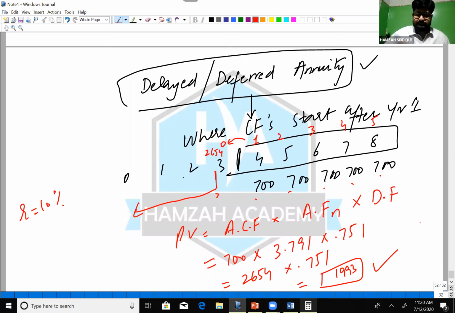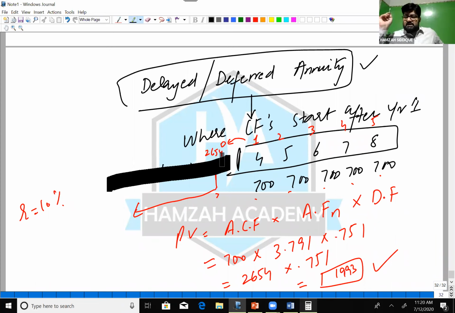I repeat. Initially, we assumed that, yes, this is a simple annuity. So we applied the formula for simple annuity. So the answer will fall here in year 0.